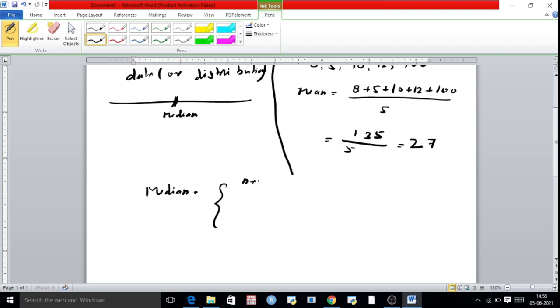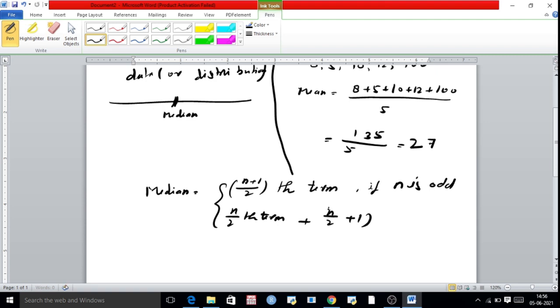The median is the (n plus 1) by 2th term if n is odd, and the average of the n by 2th term and the (n by 2 plus 1)th term, that is, the sum divided by 2, when n is even.